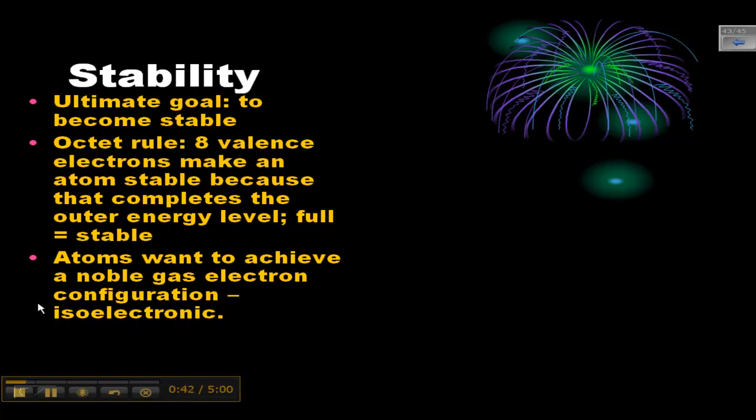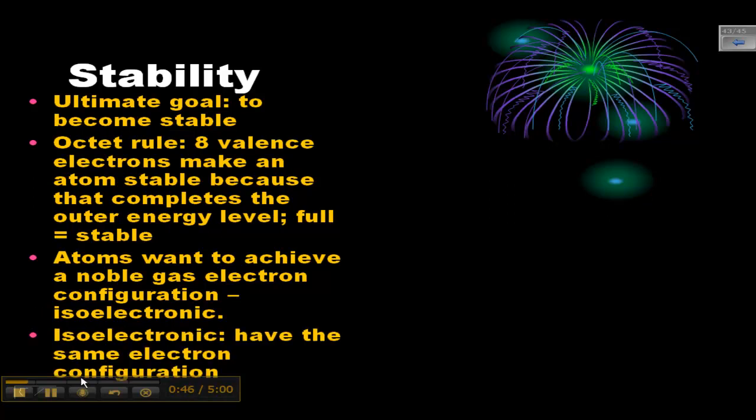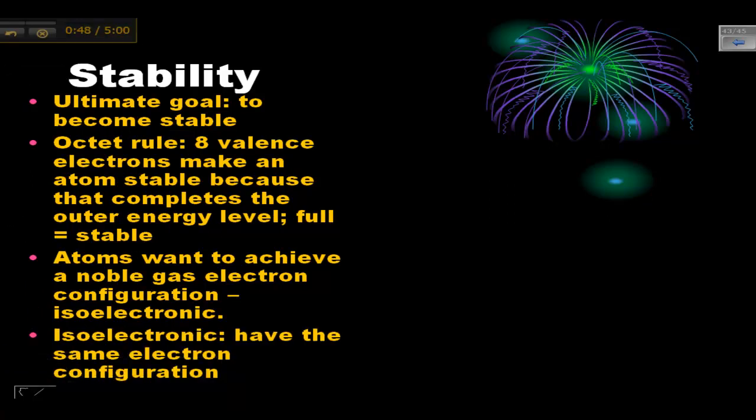And this is what we call isoelectronic. That prefix iso means the same. So isoelectronic means they have the same electron configuration. So how does that happen? Well, for example, let's look at sodium. This is its electron configuration, so neon 3s1. So sodium has one valence electron. If it loses that one valence electron, then it becomes just like neon in terms of electrons.